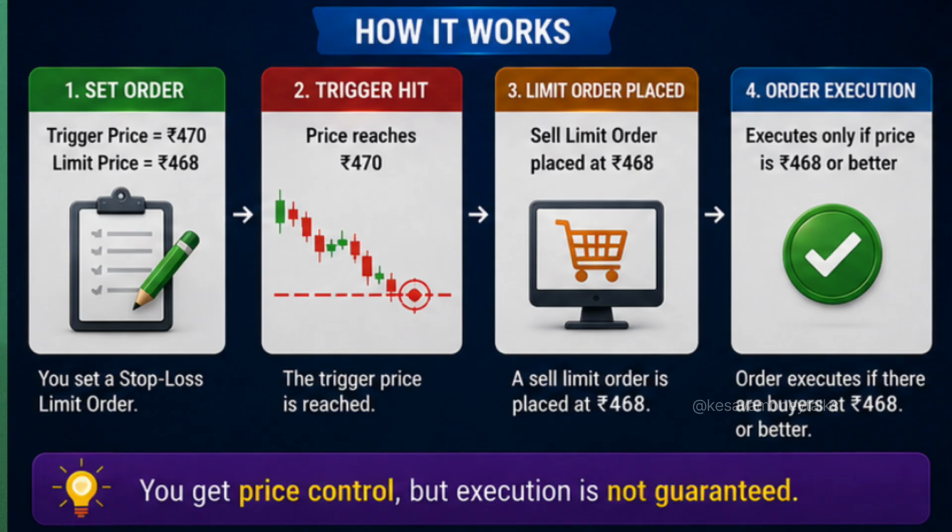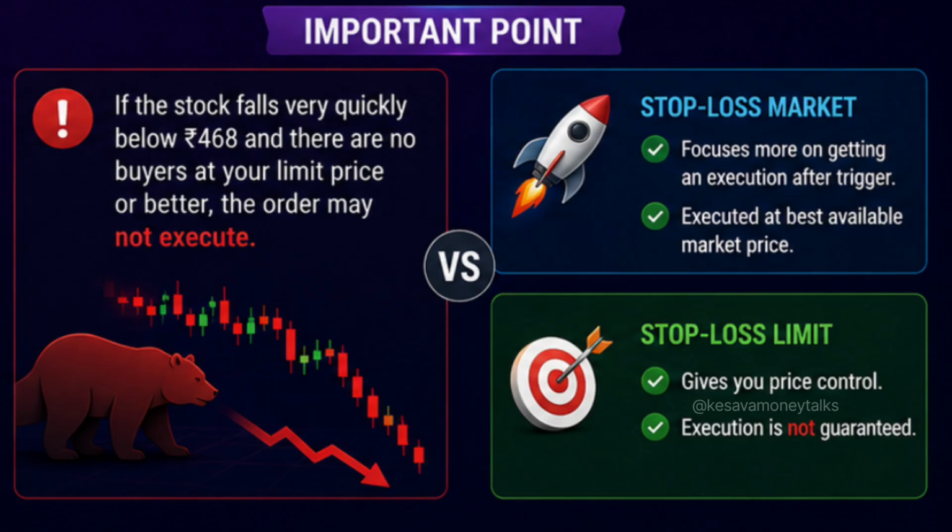But there is an important point. If the stock falls very quickly below 468 and there are no buyers at your limit price or better, the order may not execute. So stop loss market focuses more on getting an execution after the trigger. Stop loss limit gives you price control but execution is not guaranteed.